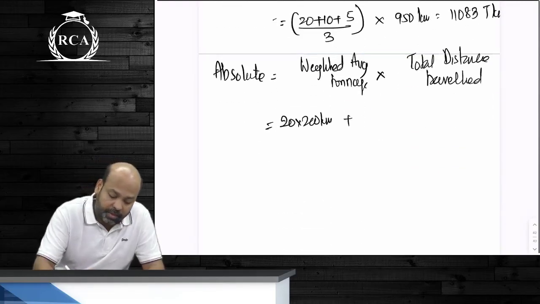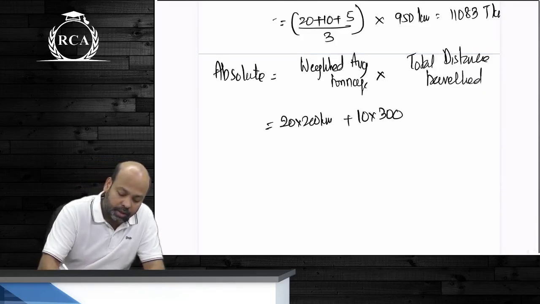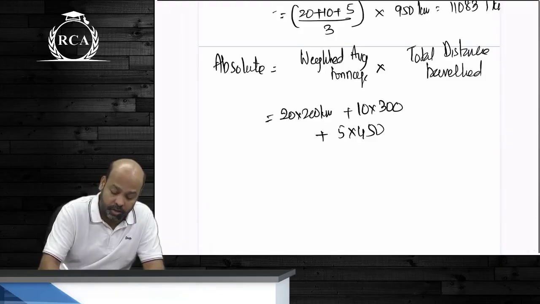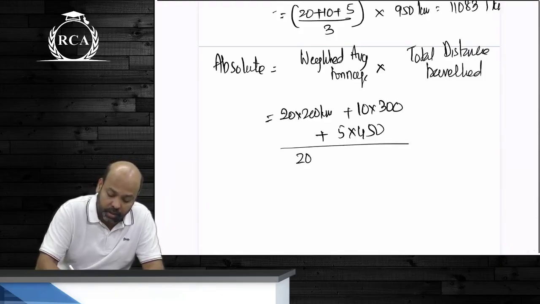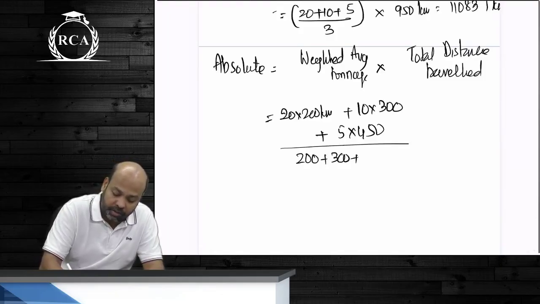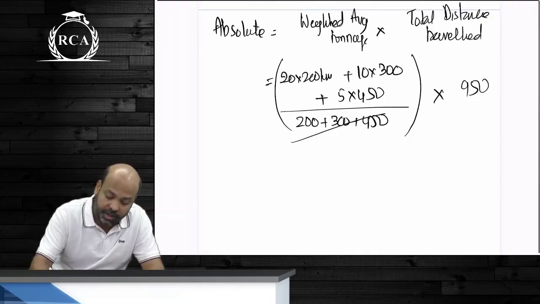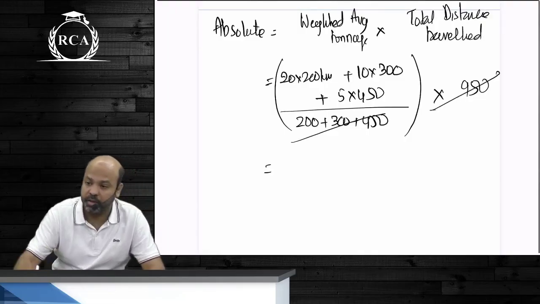Next 10 multiplied by 300. Next 5 multiplied by 450. All of that will be divided by total distance traveled. This multiplied by 950. I can strike 950 and 950.